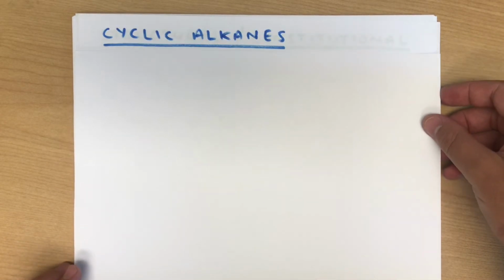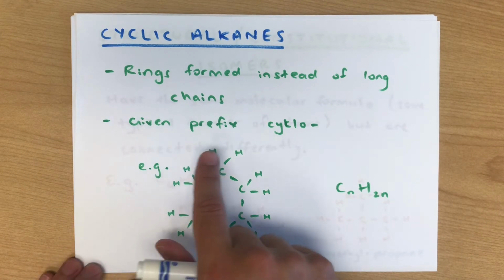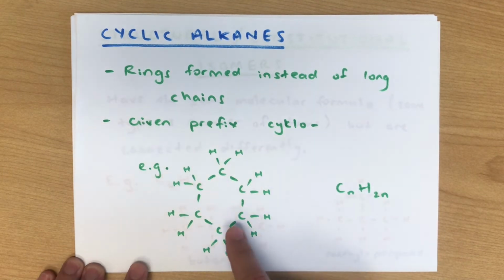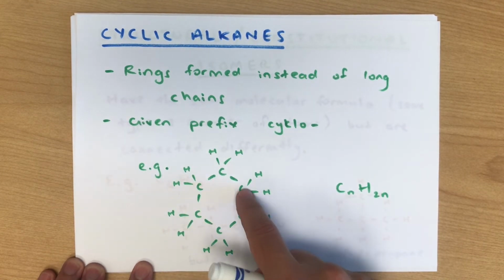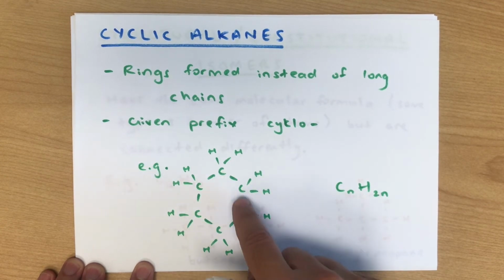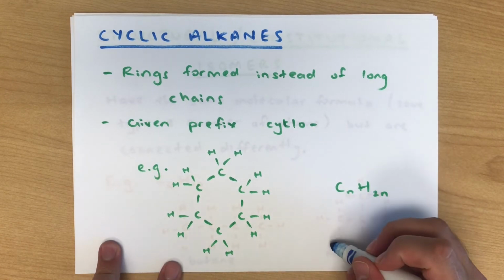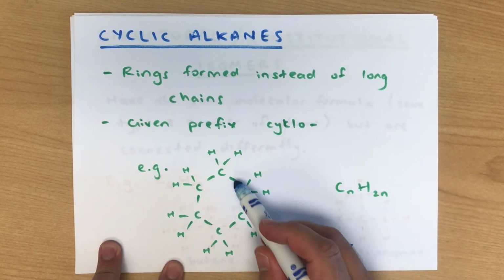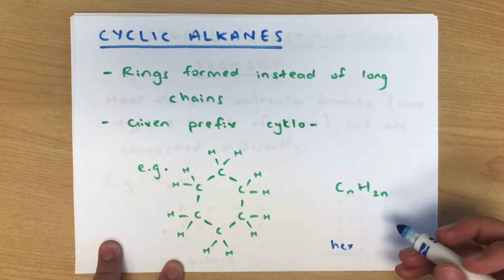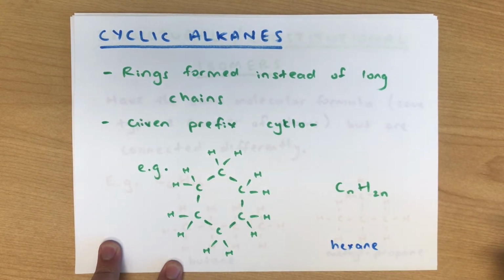Alkanes can also exist in ring structures called cyclic alkanes. So these structures are given the prefix cyclo, and we can see that here all the carbons are connected in a ring. Because there are 1, 2, 3, 4, 5, 6 carbons in our ring, this is a hex. All carbon to carbon single bonds and carbon to hydrogen bonds, so it's an alkane ending in ane, it's a hexane.